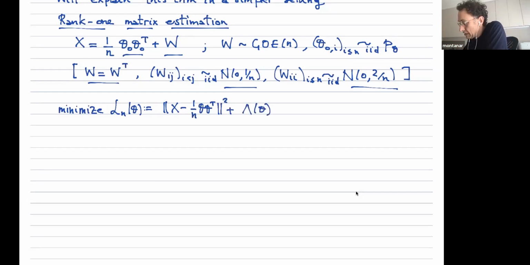This is the Frobenius norm. This is the log likelihood, so this is minus log p θ of x. And this is a regularizer to enforce the desired structure, the desired empirical distribution, perhaps.